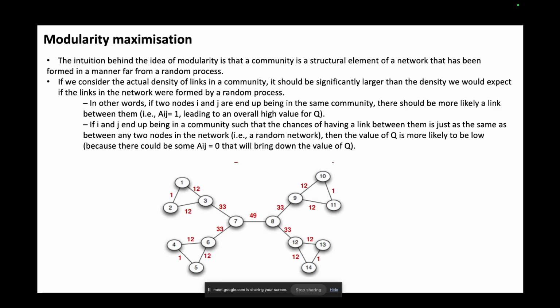If you just take these two nodes inside the network and randomly put in edges, there will be many cases where i and j will not be connected. So if they are connected, it is highly likely for a reason, and the value of Q will be higher compared to the value of Q if there is no connection between these two nodes.